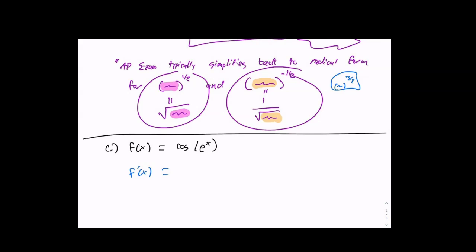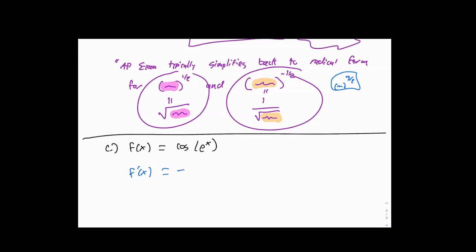So what is the derivative of this function? This is a cosine function with a chain rule. The first part is negative sine, there you go.